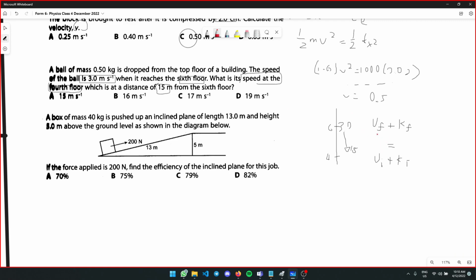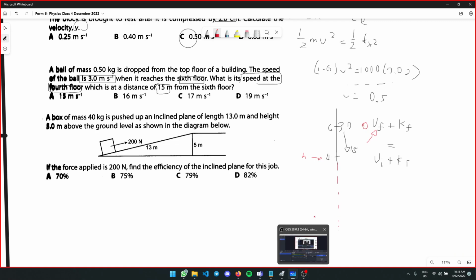So at the final, the potential energy will be zero. Let's say this is zero, h equals zero, and the difference here is 15. Just assume this is zero. It makes our calculation easier, because we don't know how far it goes.